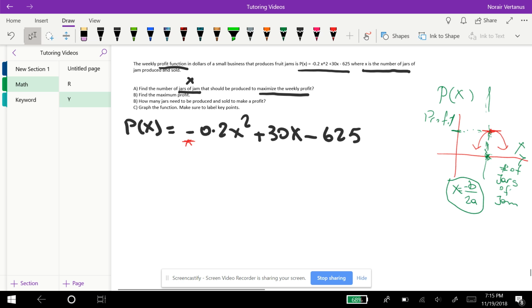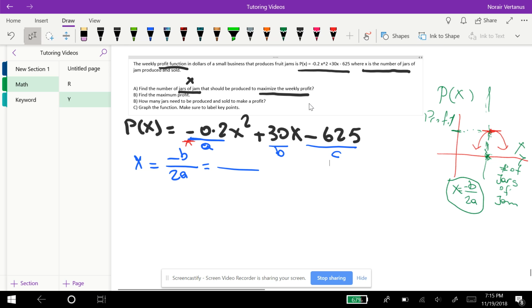That's the formula. So x equal to negative b over 2a is going to give you the number of jars that need to be sold to get the maximum profit. This is a, this is b, this is c, because the standard form of the quadratic looks like this: ax squared plus bx plus c.